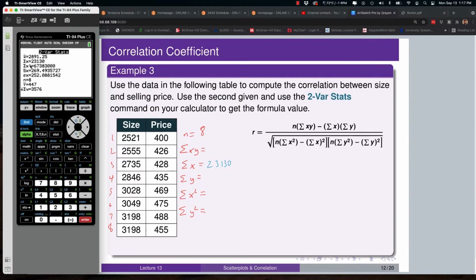I get the sum of X squared next, which I need, which is 67,383,000. If I look down towards the bottom, I get the sum of Y, which is 3576.